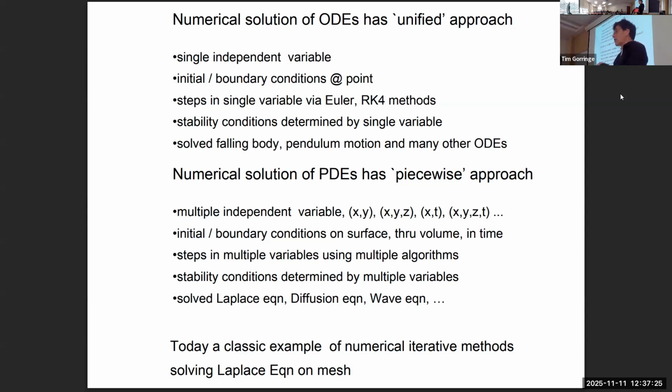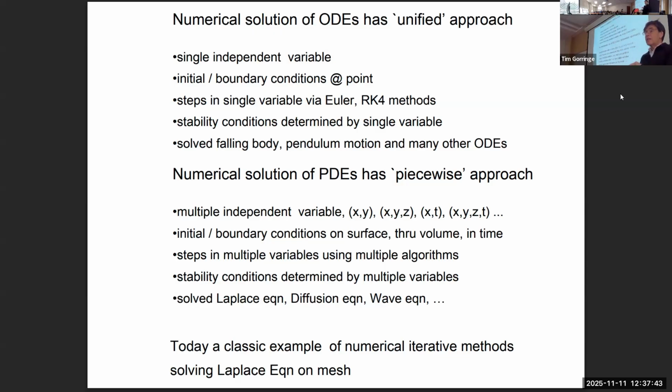That's a partial differential equation in two spatial variables, say x and y. It could be in three dimensions. It could be in x, y, and z, or it could be in three dimensions where it's r, theta, and phi. So we've got multiple independent variables.